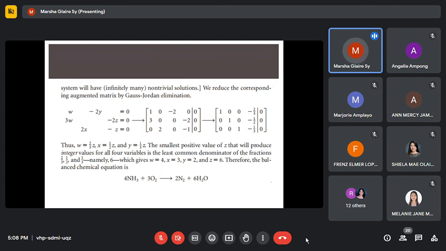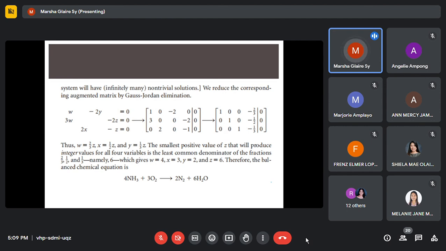So if we are going to put this one in a calculator, this is the result: 1 0 0 negative 2 over 3, 0 1 0 negative 1 half, 0 0 1 negative 1 third. So in this case, if you input these equations in the calculator's matrix, this is the equation that comes out.